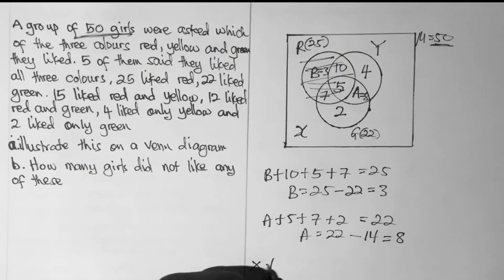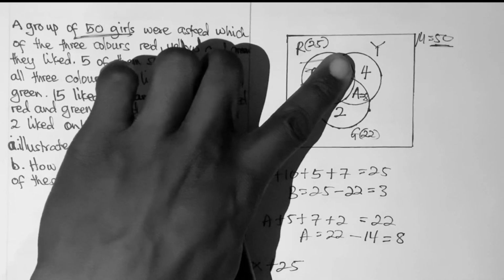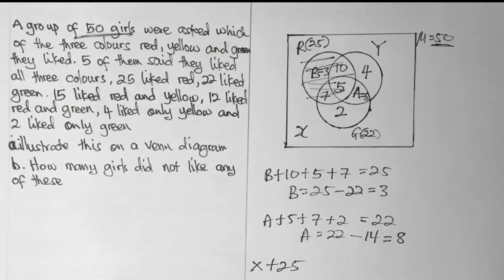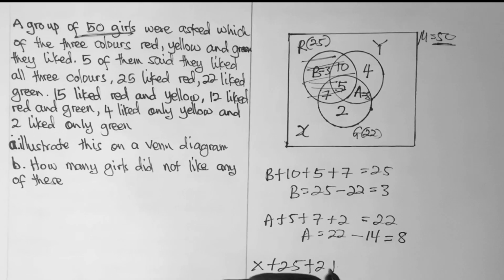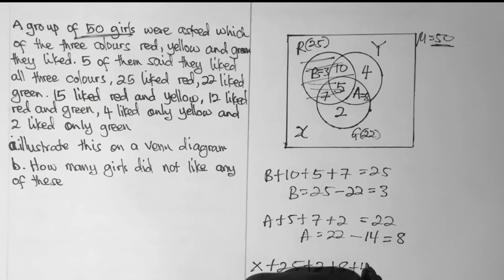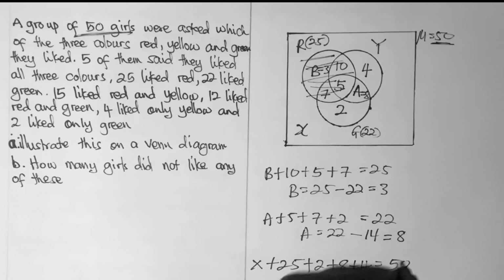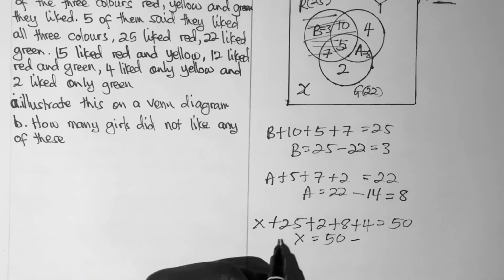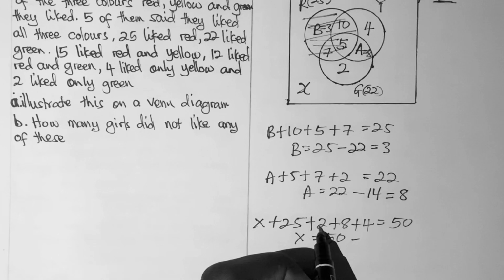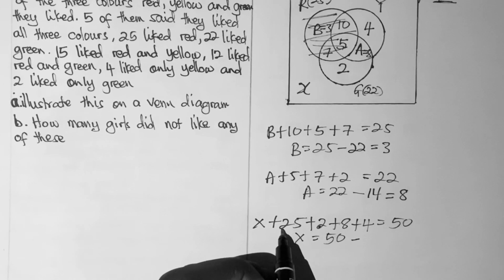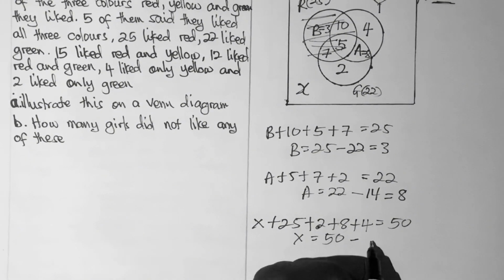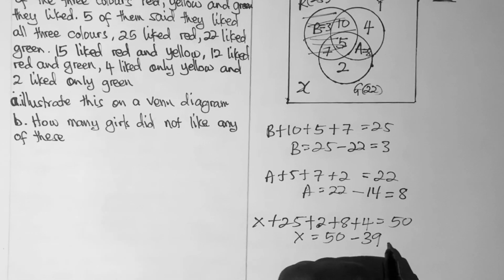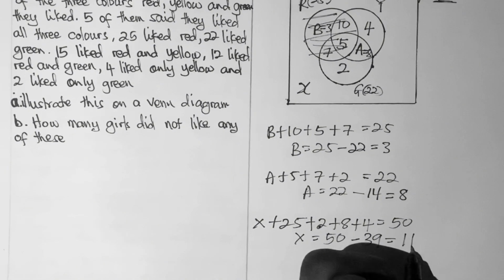So X plus this region, which is 25, and when we cover that region, we are left with 2, 8, and 4. So plus 2 plus 8 plus 4 should give us 50. So X is equal to 50 minus, now, 8 plus 2 is 10, 10 plus 25 is 35, 35 plus 4 is 39. And therefore, X is equal to 11.